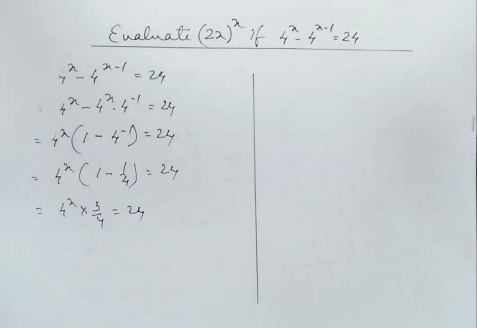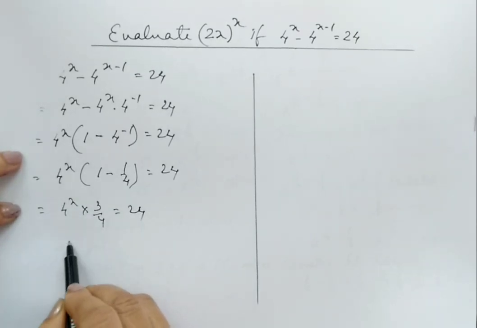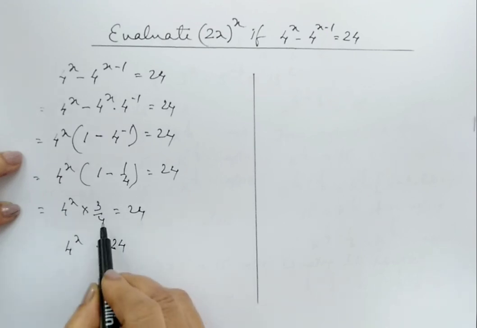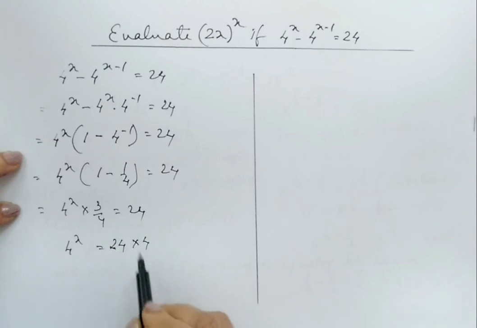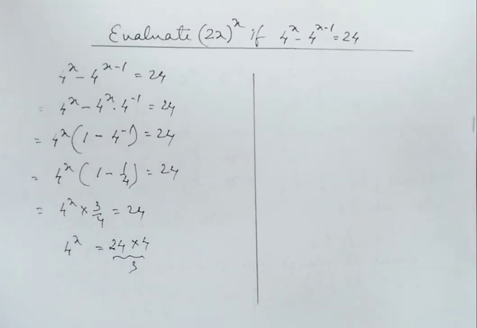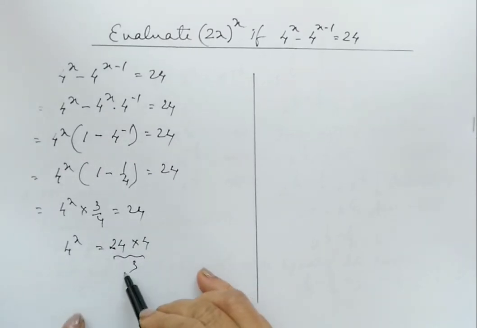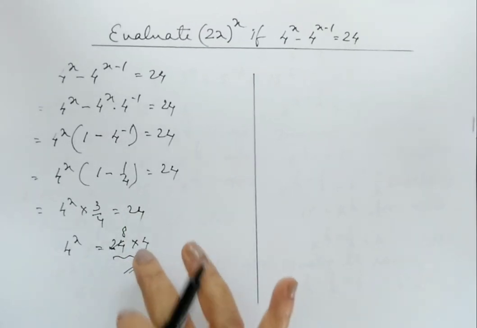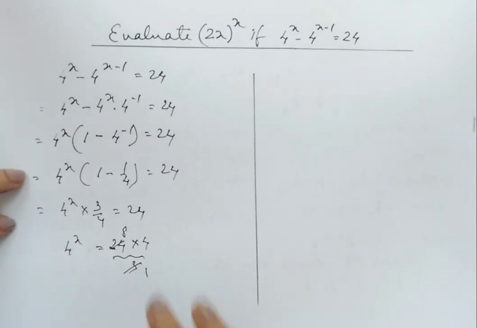What next? Definitely we need to isolate 4 to the power x equals 24. 4 will go on the top and 3 comes down, correct? Can we cancel? Of course we can. We are left with 8 on the top in multiplication with 4.